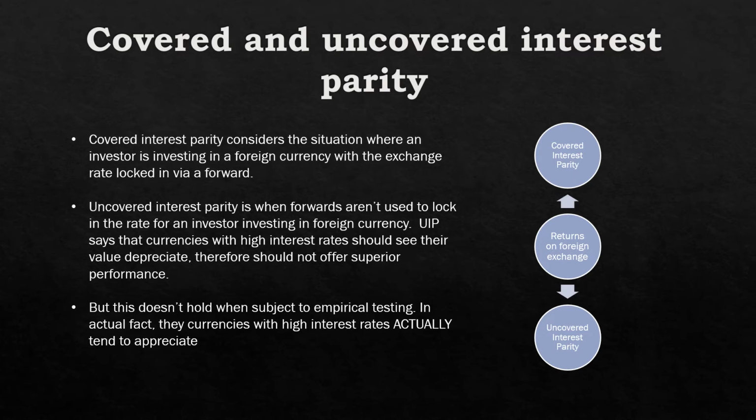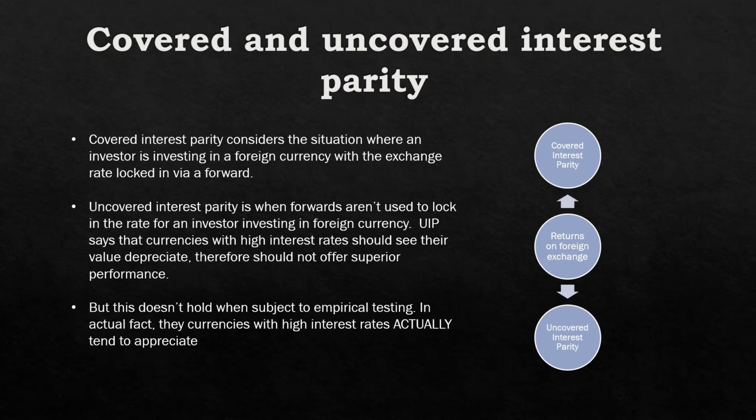Uncovered interest parity says that currencies with high interest rates should see their value depreciate and therefore not offer superior performance. But this doesn't really hold up to empirical testing, and that's why people trade in Forex, because when you look at it empirically, which some people have done, it shows that currencies with high interest rates tend to appreciate.